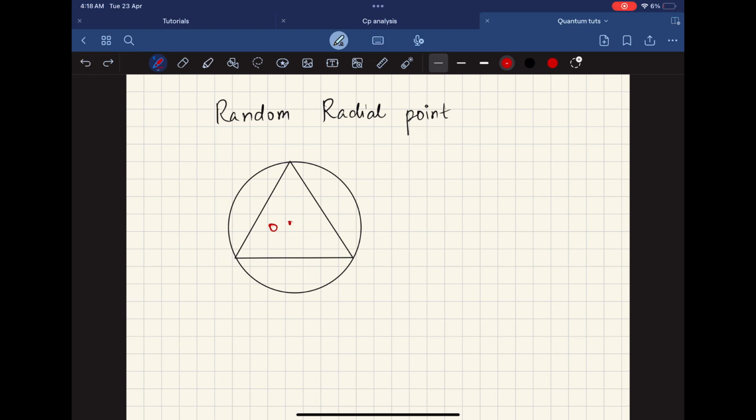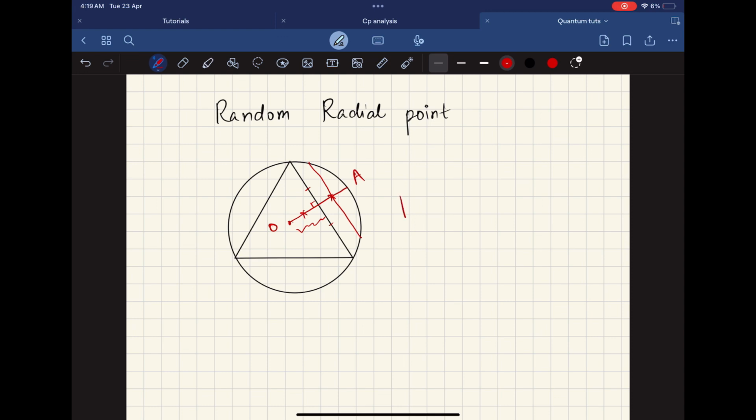So let this be my radius, and let this be perpendicular, so it will bisect the chord. Now if I take any random radial point on this radius, let it be here, the length of the chord will be less than the length of the side of the triangle. But if I take my chord to be over here in this region, the length of the chord will be greater than the side of the triangle.